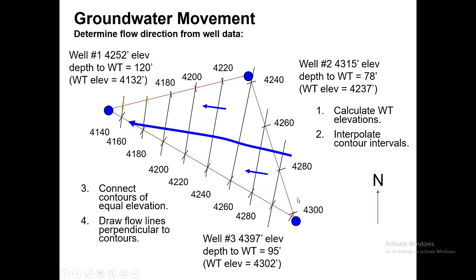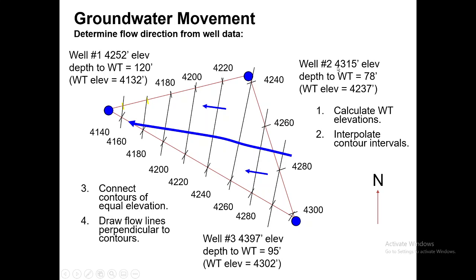Well number one has an elevation of this, and it has a depth of water table up to 120. So subtracting this from this will give us the water table elevation.